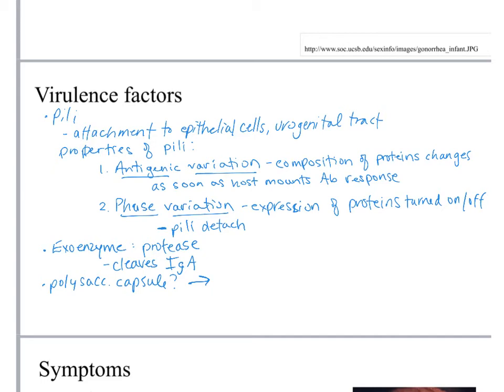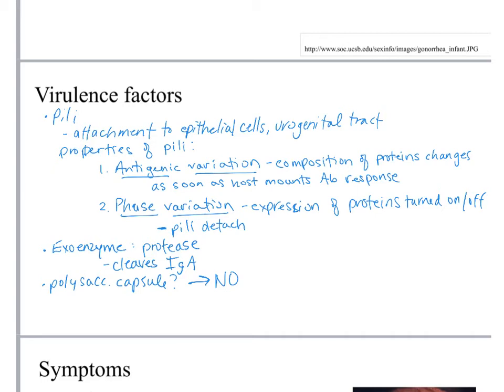But we think the answer typically is no. Again, even though the book says yes, pretty much everything else I read about this organism is that they don't produce capsules.